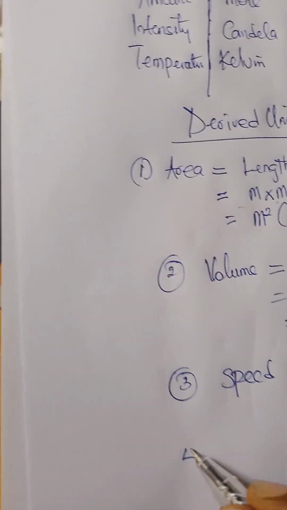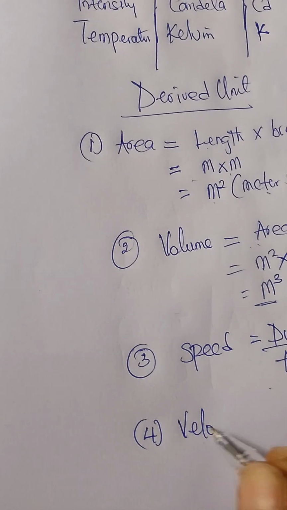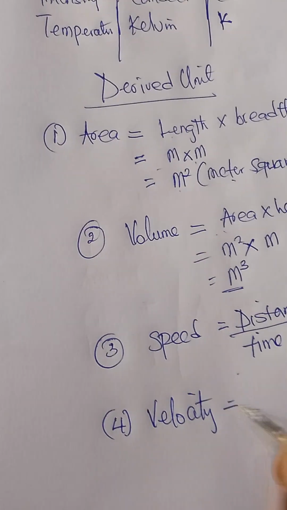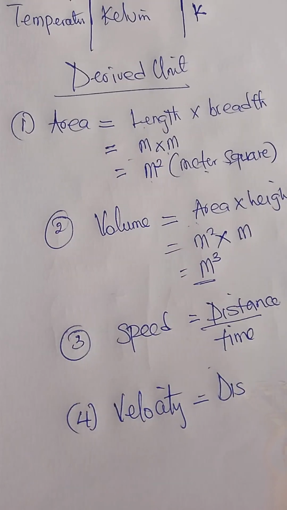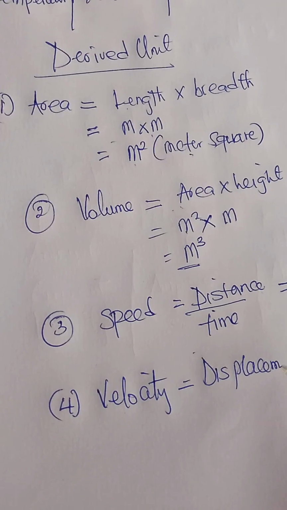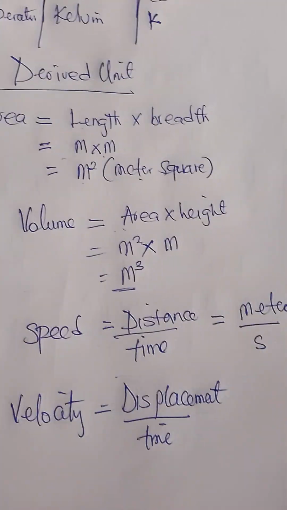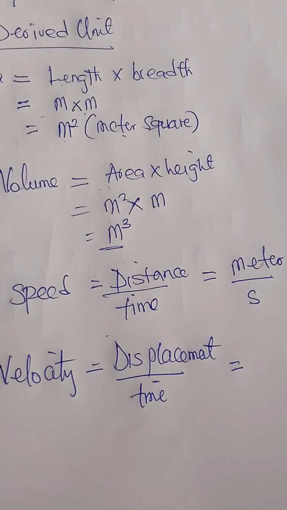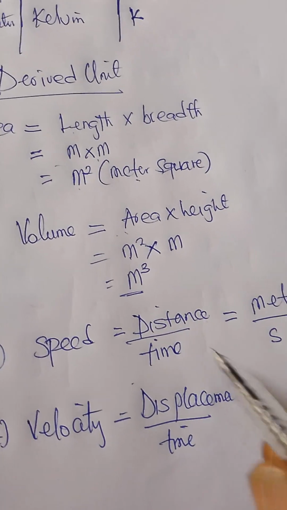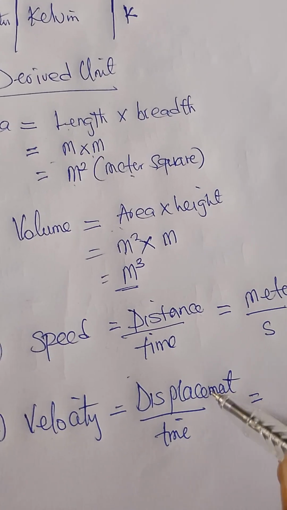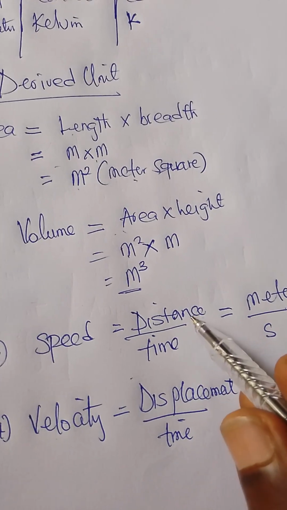Next I have here is velocity. Velocity is displacement over time. So what is the unit for displacement? Displacement and distance have the same unit, just that this is a vector quantity and this is a scalar quantity.